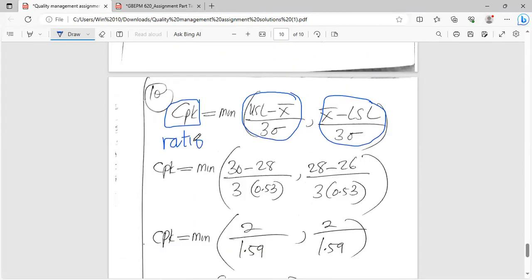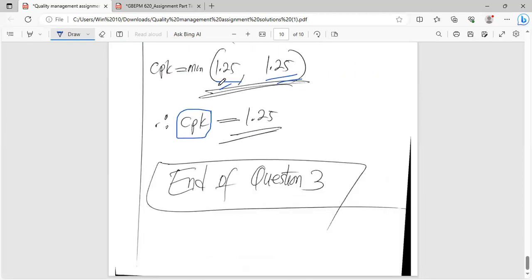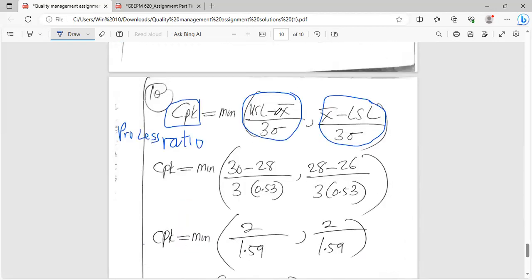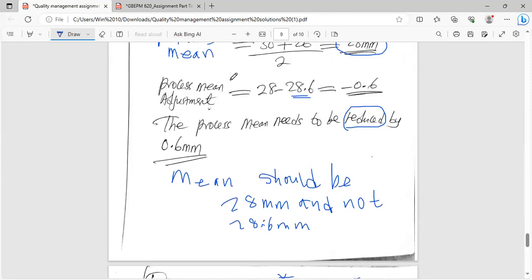And then finding the process capability ratio gives us 1.25, which is the same either way. Using either this one or the other one, the answer is the same.